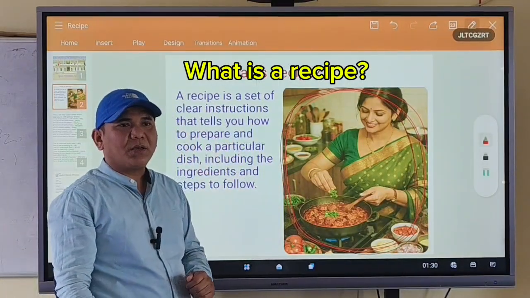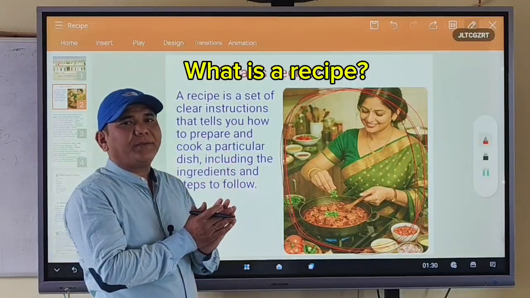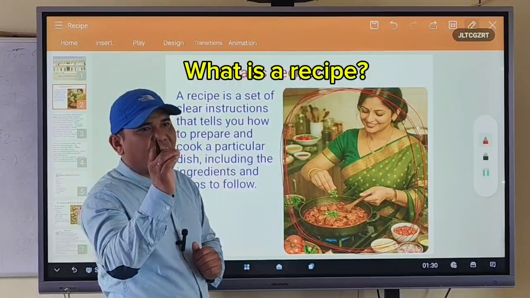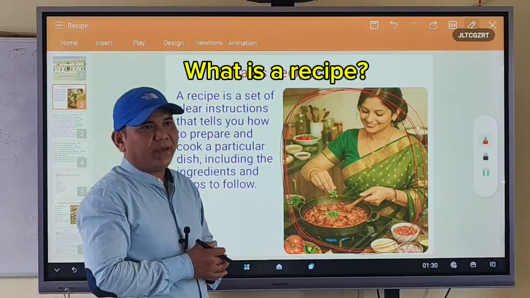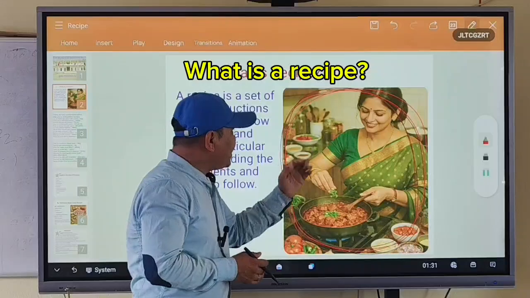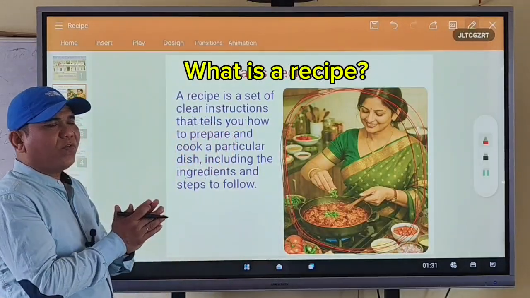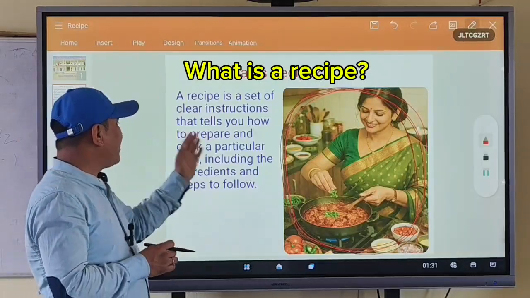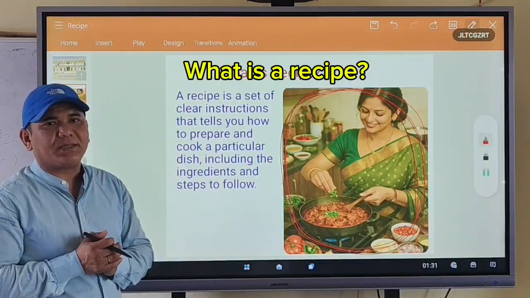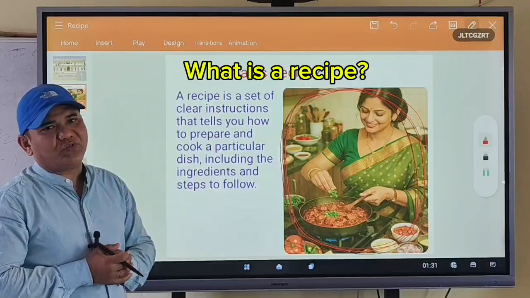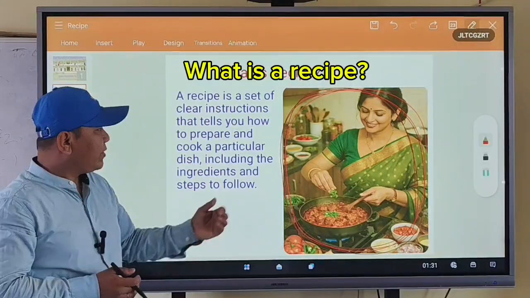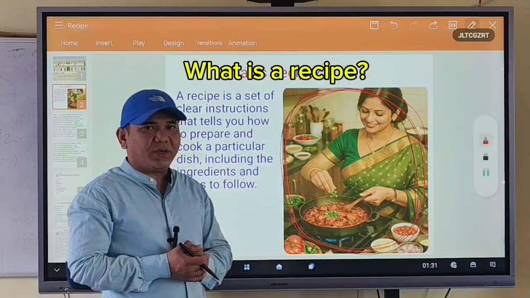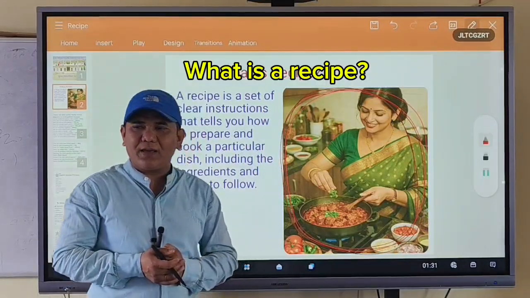It means a method of cooking dishes, including ingredients. A recipe is a set of clear instructions that tells you how to prepare and cook a particular dish, including ingredients. You can see this is a clear picture of recipe. Okay, is that clear?